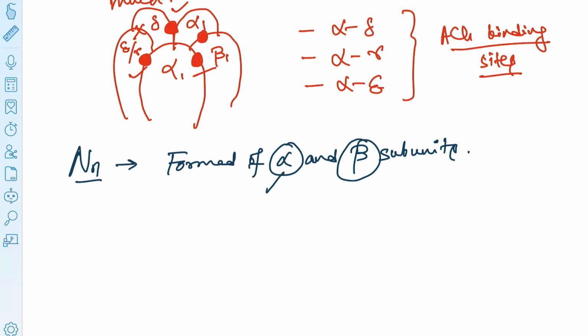So basically alpha has a different family of subunits. Alpha has alpha 2 to 10 subunits, and beta has beta 2 to beta 4 different subunits. Okay, so they differ in the amino acid sequence, and it can form combinations among different subunits.